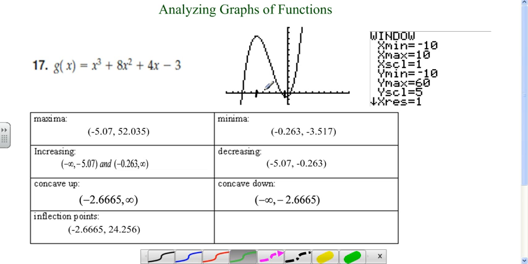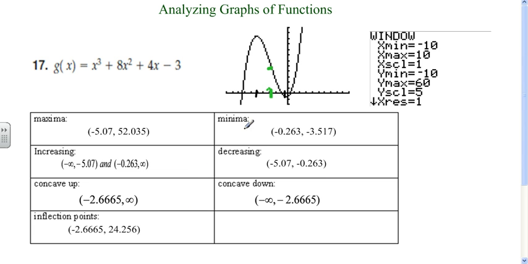That will be right here. We're just going to find that value, and that is at negative 2.6665 with a y value of 24.56. Now one thing to remember is that you'll notice that for the increasing, decreasing, I use just the x values here, none of the y values.